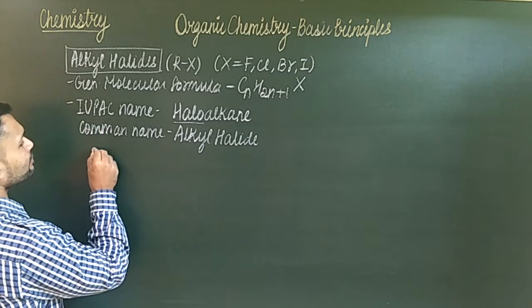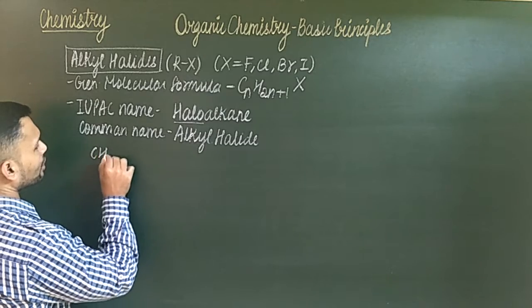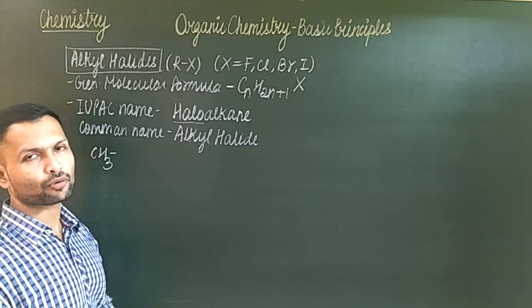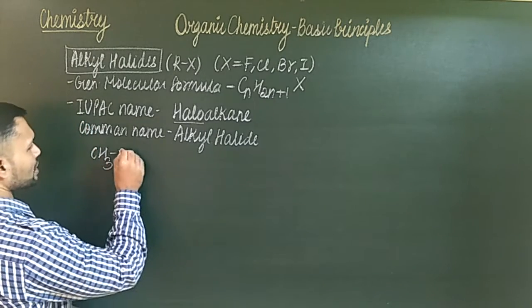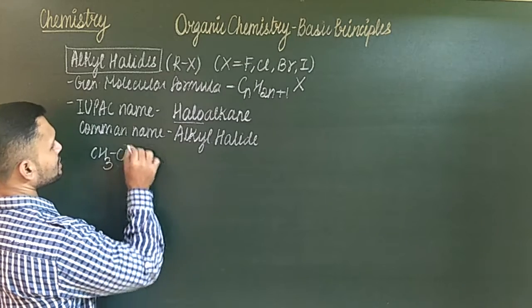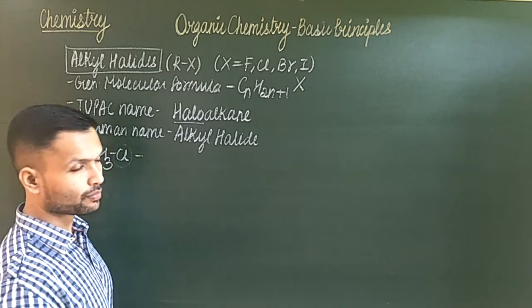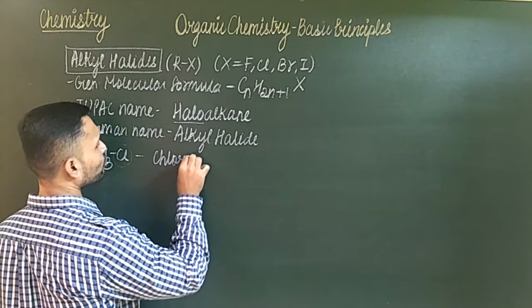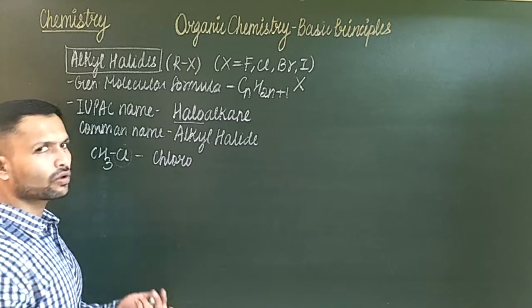So the first member, as we all know, now the halogen may vary. You can start with methyl chloride, bromide, iodide, fluoride. I'll start with this one. So what's the IUPAC name? This is considered as a secondary prefix, so it should be written as chloro. Here there is no need to mention the number because it's already 1 carbon.